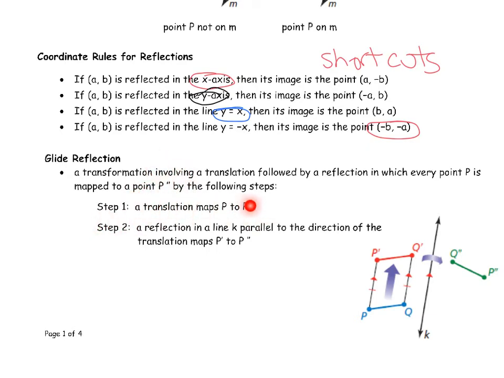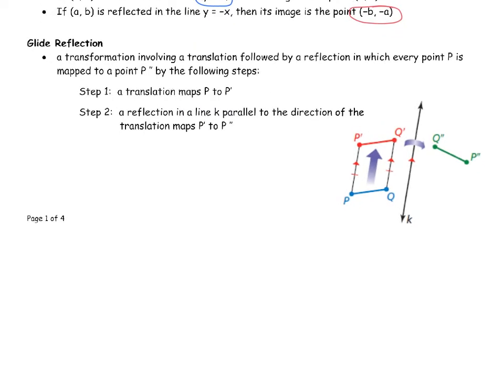First, you would do the translation, which would go from P to P prime. Then you would reflect it, and line K is what we're reflecting over, parallel to the direction of the translation. So if the translation was in this direction, then we're reflecting across from it in that direction.